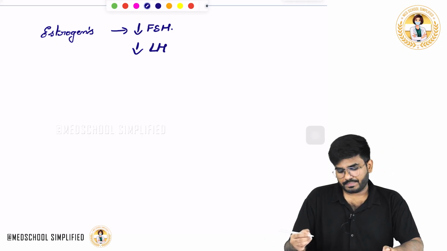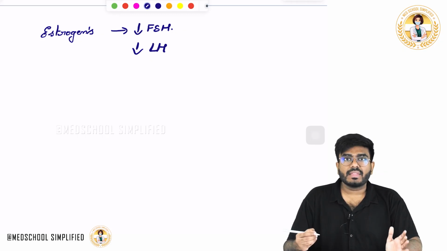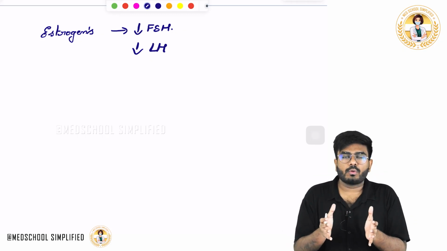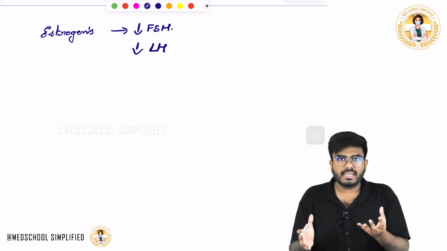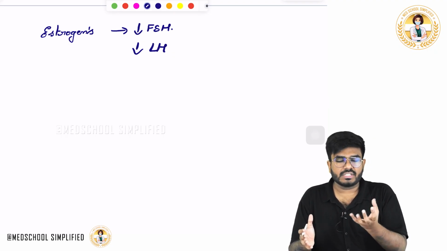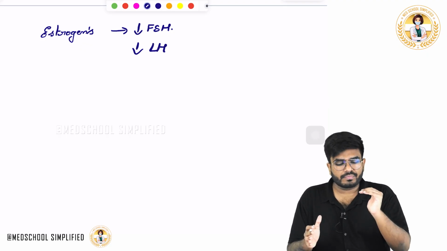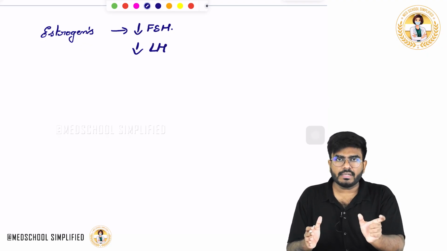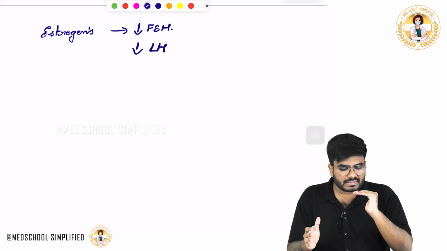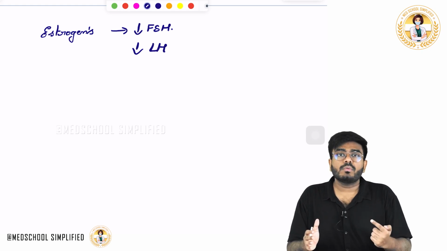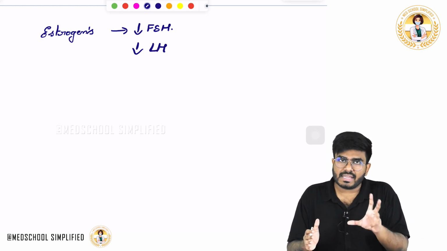What else? See, in the mid of the cycle, a female is there, FSH is coming, follicles are growing, estrogen is continuously getting produced. When you have a sufficient amount of estrogen, at one point somewhere around 200 picograms, that particular concentration, this estrogen will give positive feedback for the release of LH. This is actually like an exception.